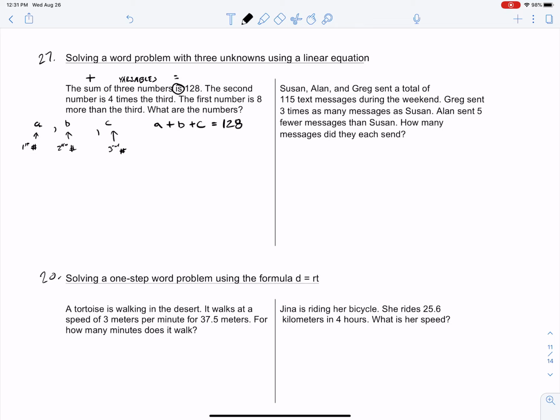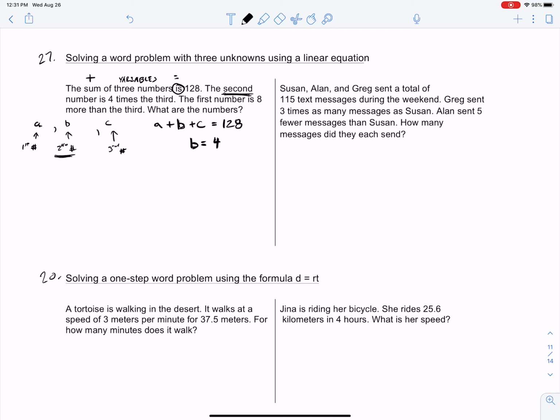Now this is where we move into talking about unknowns and trying to figure out what the other numbers are. The second number, what letter is my second number? B. So my second number, B, is 4 times, I'm saying B is 4 times the third.